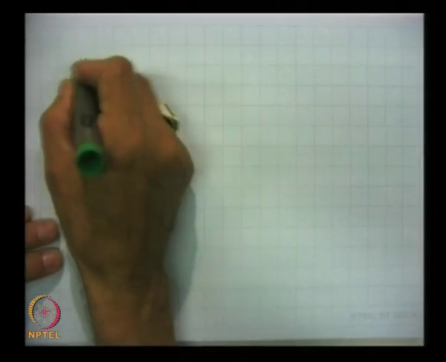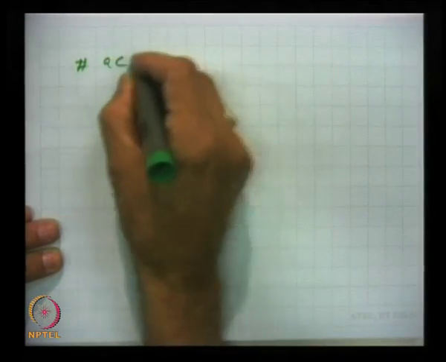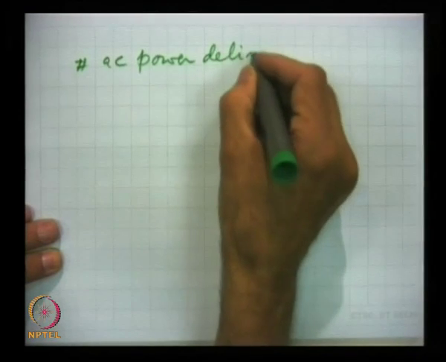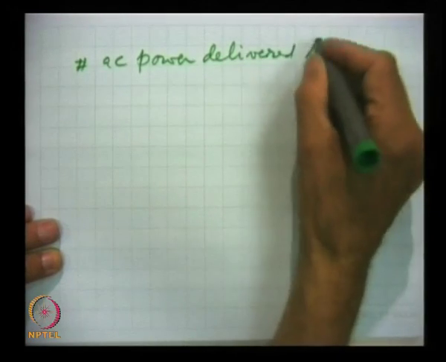When we talk of high power, we are always concerned with AC power because that is the one which is the useful power. So, how much power can the power amplifier deliver to the load? This is the consideration, that is the AC power delivered to the load.